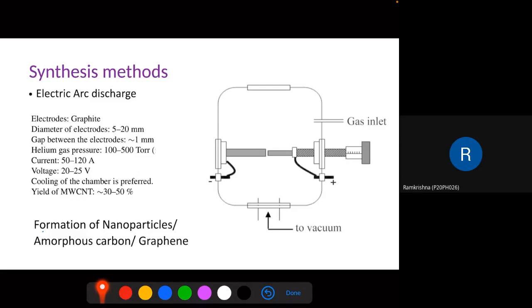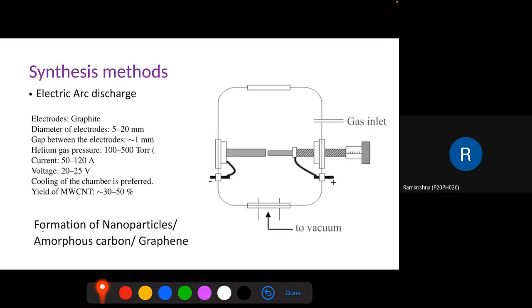So basically you have graphite electrodes and then you apply high voltage, so you have an electric discharge. You have a small gap and you have electric discharge, and in the process you create these carbon nanostructures. You can create nanotubes, you create graphene, you also create fullerene.